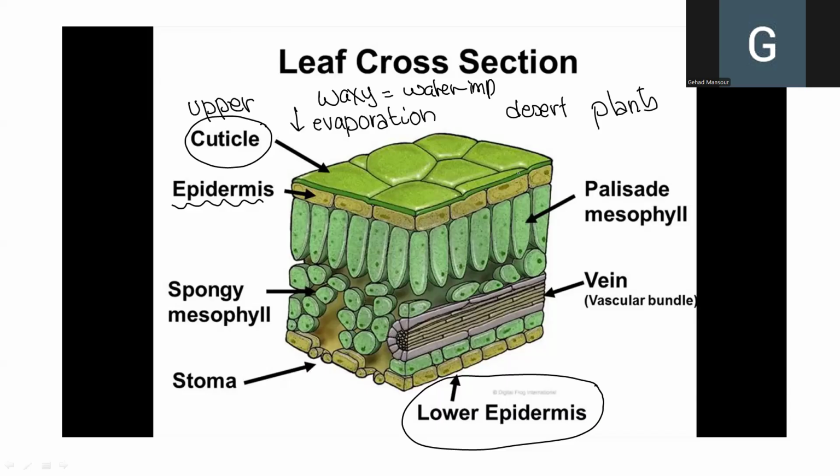Does this mean that there is no evaporation at all? No, because sometimes in between epidermal cells, we have small spaces that are guarded by guard cells, and these guard cells are bean-shaped like this. And these openings are called the stoma, and they allow evaporation.